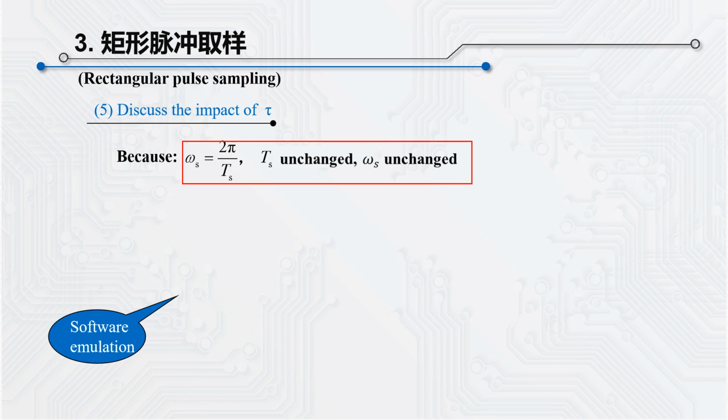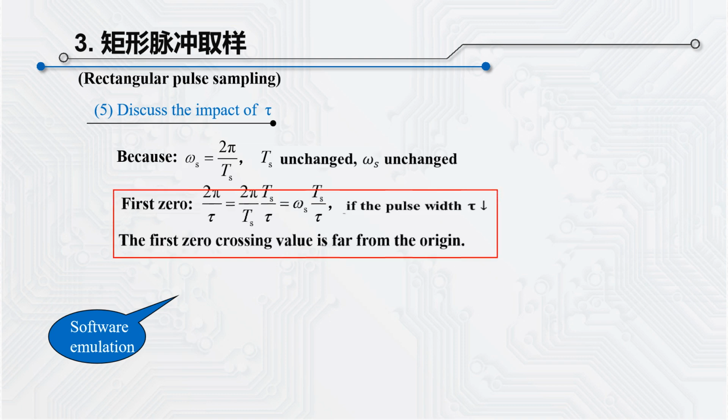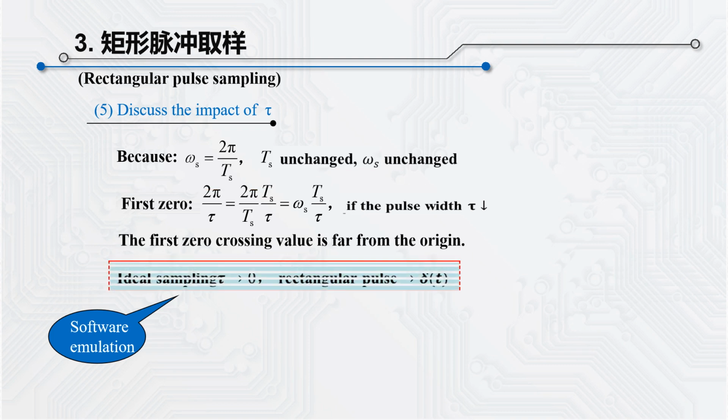However, since tau has an influence on the spectrum of a rectangular pulse, 2 pi over tau is the first zero crossing point, so if the width of the rectangular pulse tau gradually decreases, its first zero crossing point will be far from the origin. That is to say, the occupied bandwidth will be wider. So, for a rectangular pulse, when its pulse width tau approaches zero, it approaches delta t.